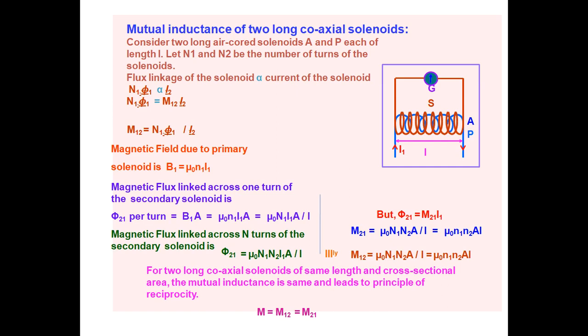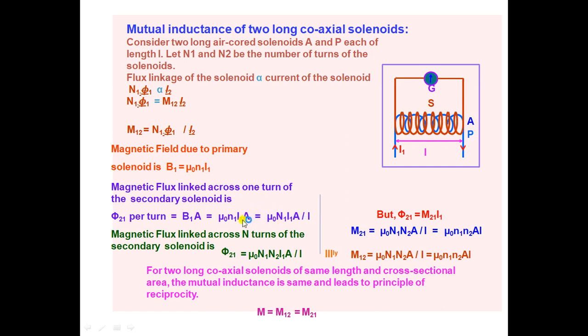Then phi 21 per turn is equal to B1 into A. But what is the B1 value? That is mu naught n1 I1, and that is equal to mu naught n1 I1 A by L.